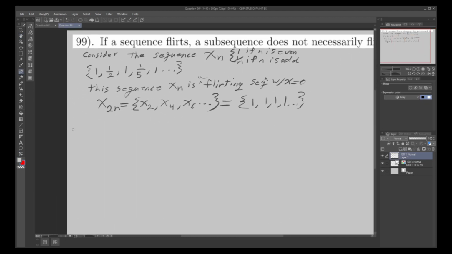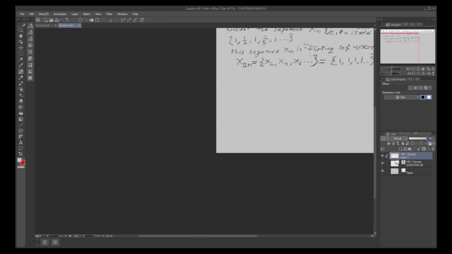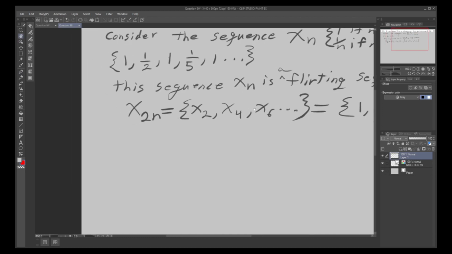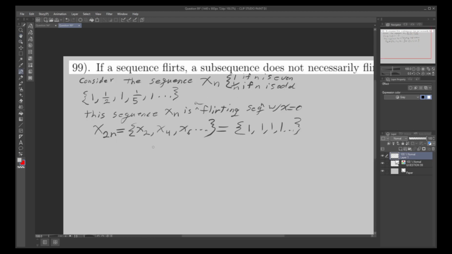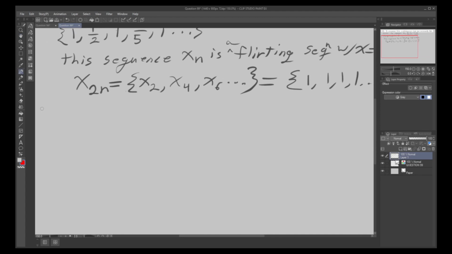This would mean, though, unfortunately, or rather fortunately, because what we're trying to find, we want to say that the subsequence itself is a subsequence of x of n with these conditions. Notice how it really doesn't flirt.